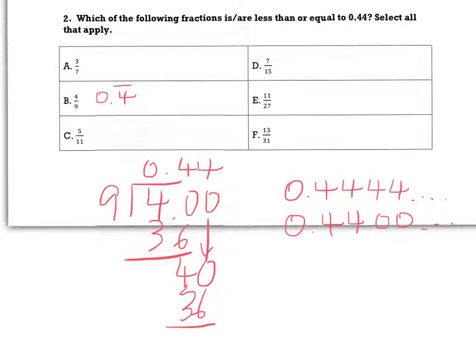When you put placeholder zeros on a terminating decimal, it makes it very easy to compare. So now you know that the top one is bigger than the smaller one. That means B is not going to be your answer because 0.4 repeating is greater than 0.44. Guys, make sure you show work. Let's move on.